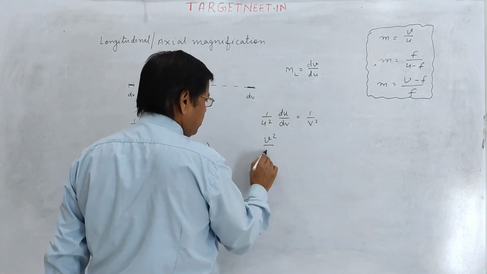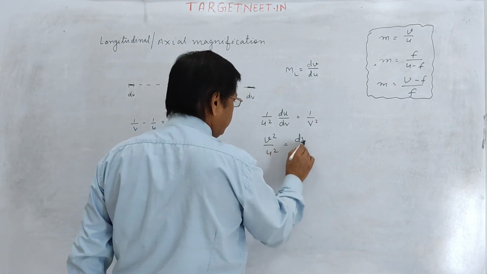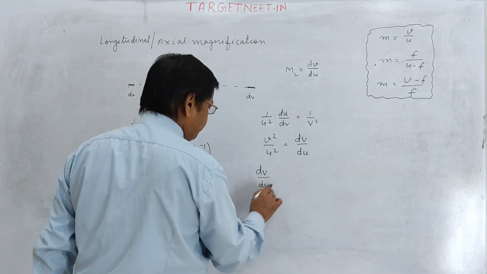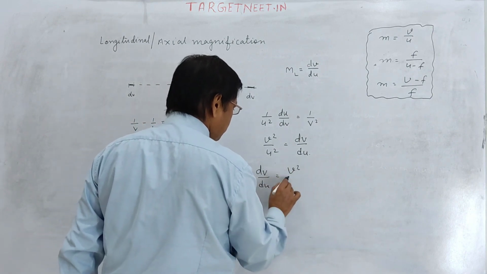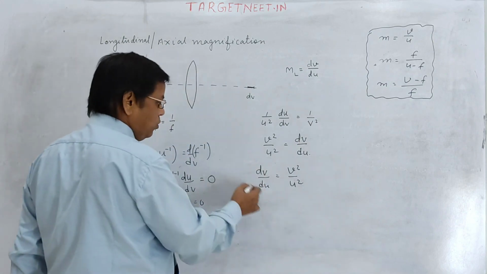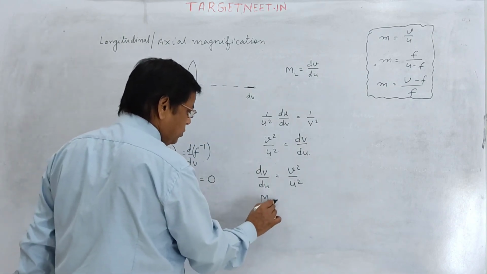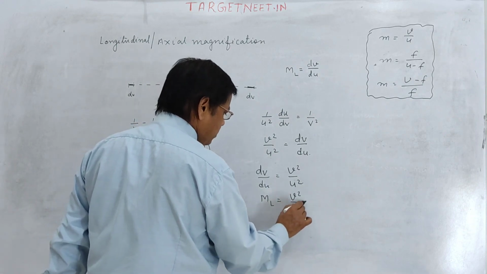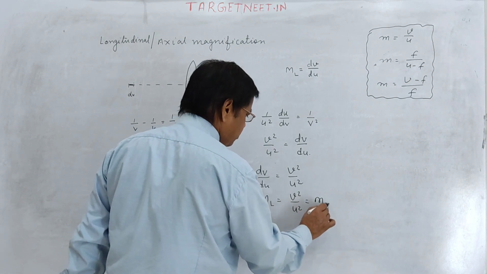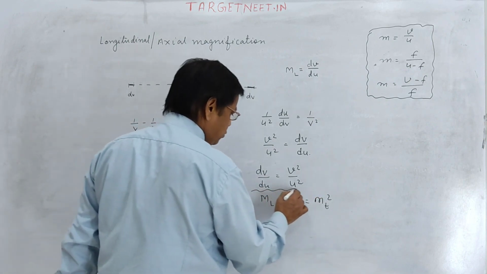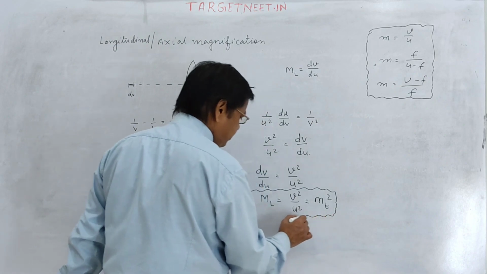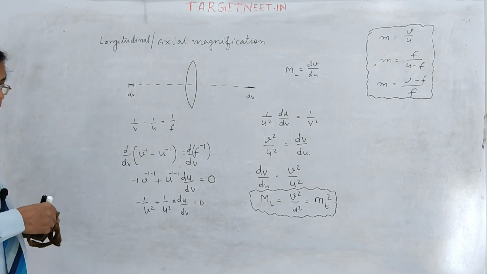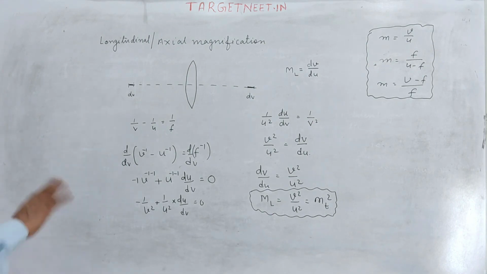So it is v square over u square is equal to dv over du, or dv over du is v square over u square. This is longitudinal magnification. So longitudinal magnification is v square over u square, or you can say the square of transverse magnification. So this is the relation between longitudinal magnification and transverse magnification.